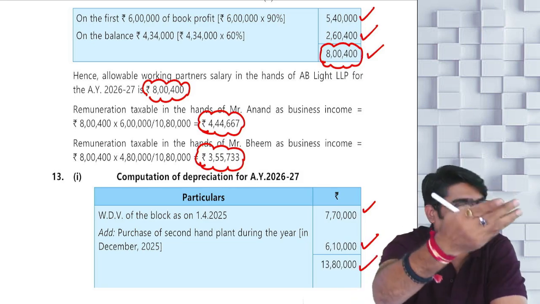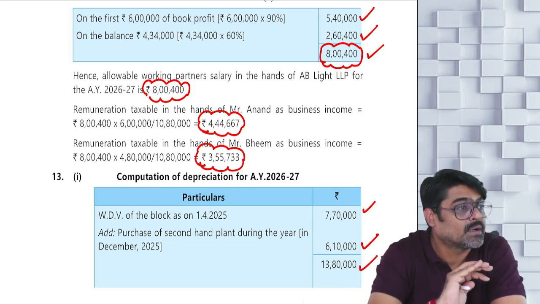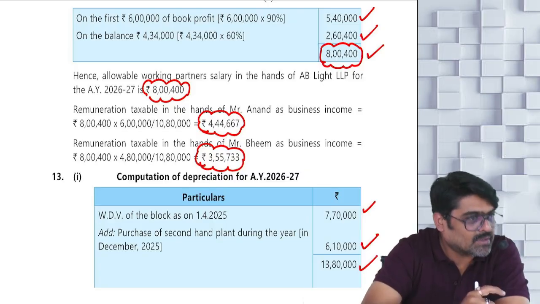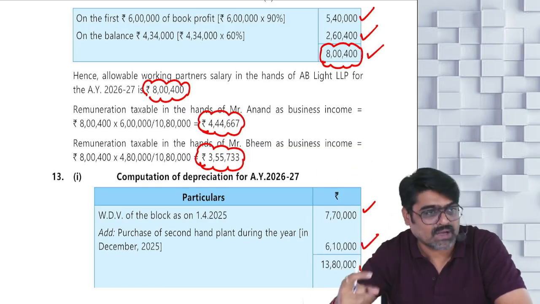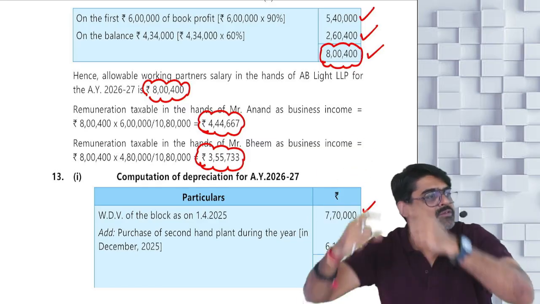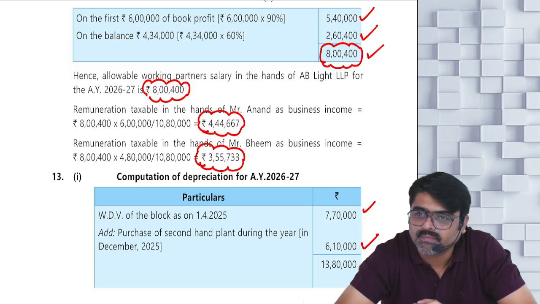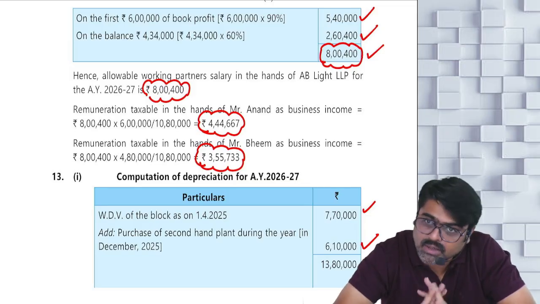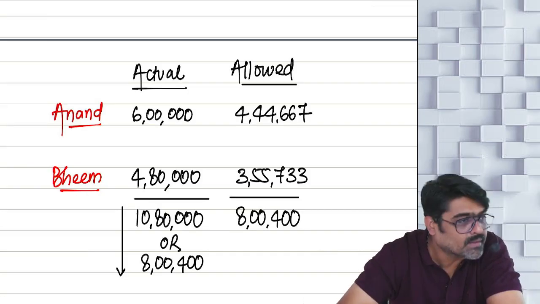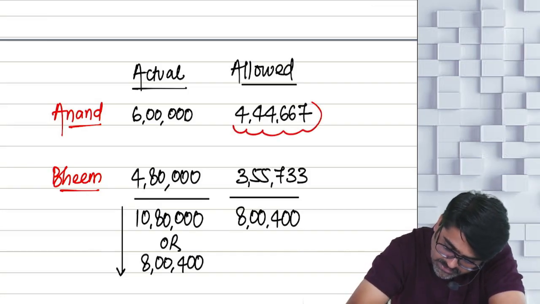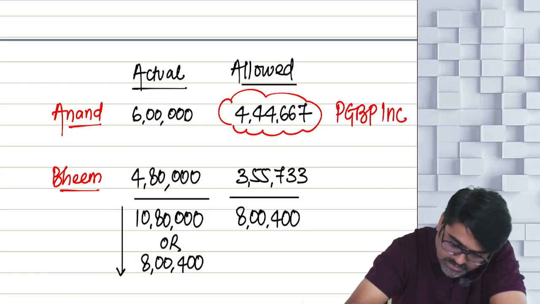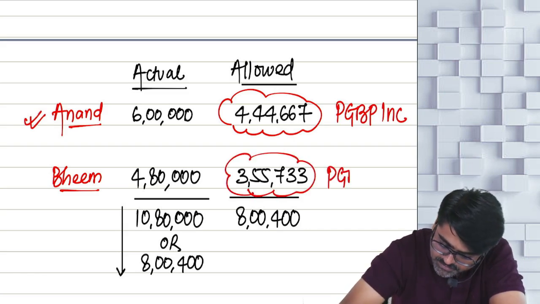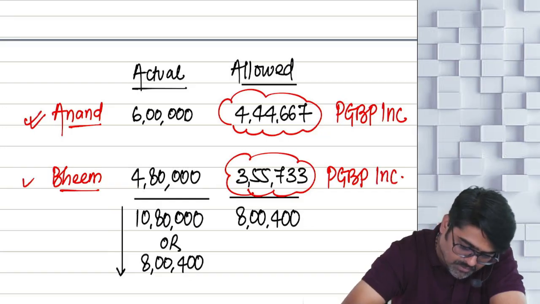So if actual was given 600 and 480, total 1080, that was in the ratio of 600 to 480. So this allowable remuneration 8,400,000 should also be in that same ratio. Understood? So tell me, how much is allowed? This much. So now this will be treated as PGBP income in the hands of Anand, and this will be treated as PGBP income in the hands of Bhim.